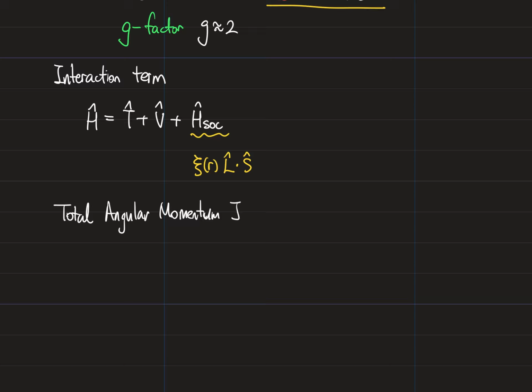Because orbital angular momentum L and spin angular momentum S are now coupled, they are no longer independent constants of the motion. Mathematically, L squared and S squared no longer commute with the full Hamiltonian, because of this spin-orbit coupling term.